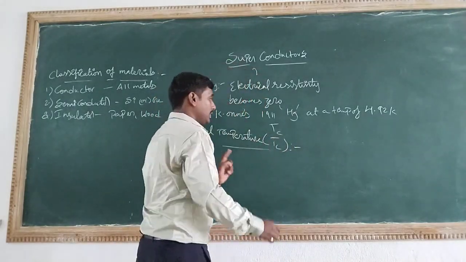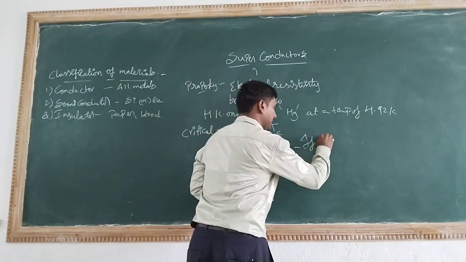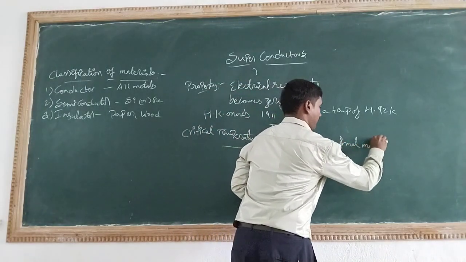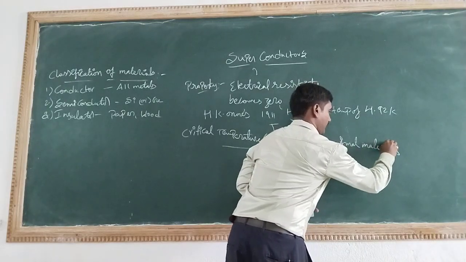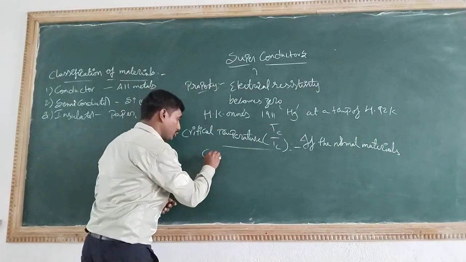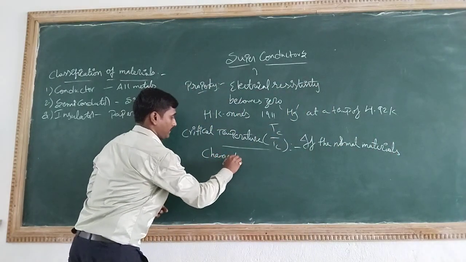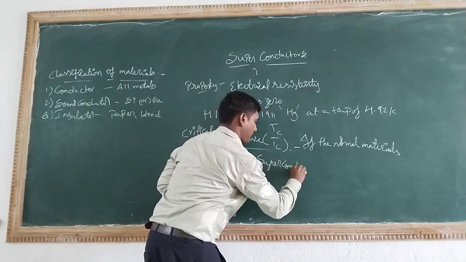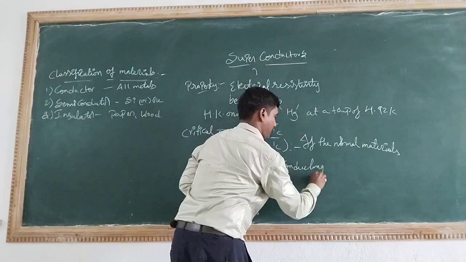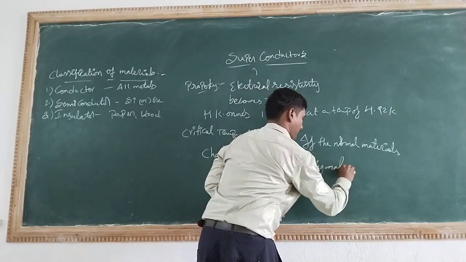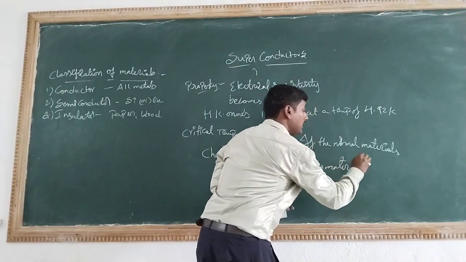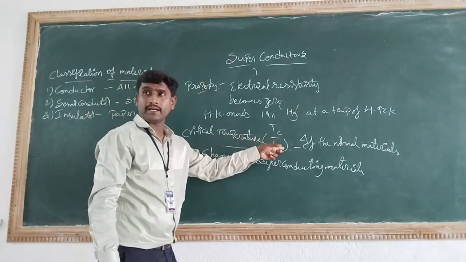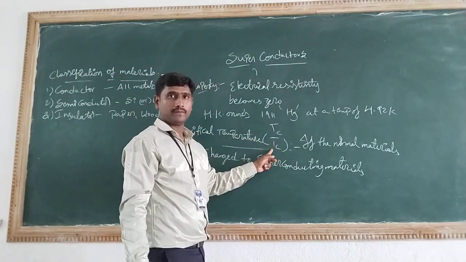That means, if normal materials change to superconducting materials, then that temperature is called the critical temperature. It is represented by Tc.